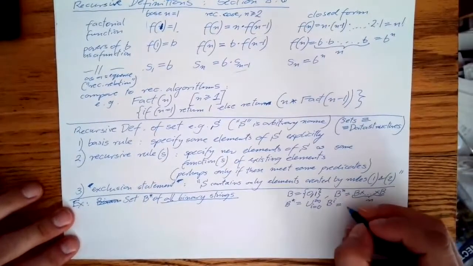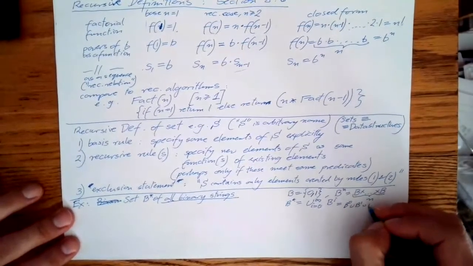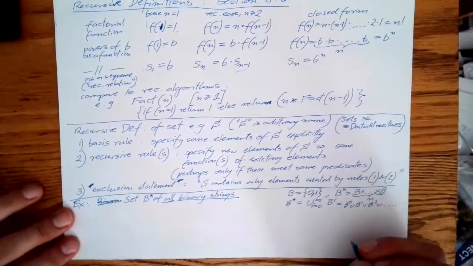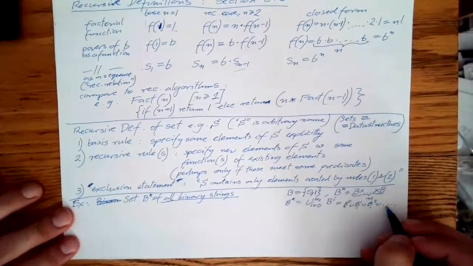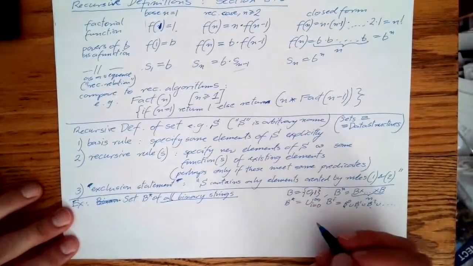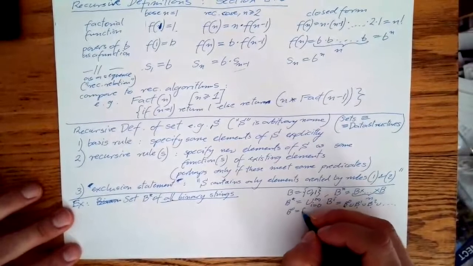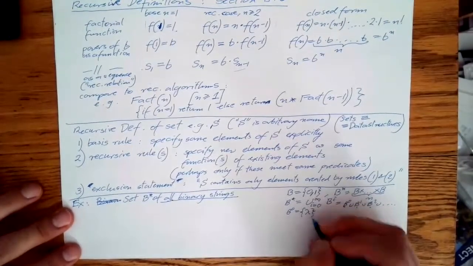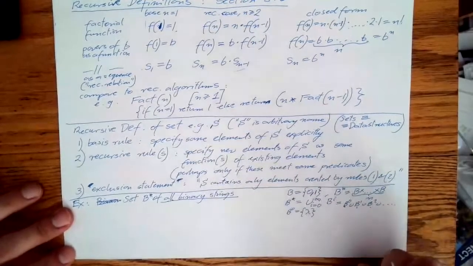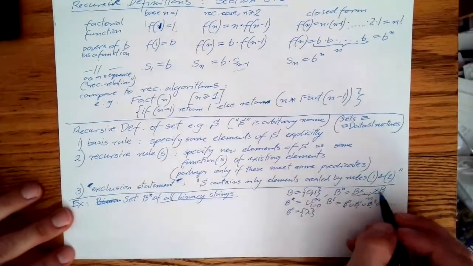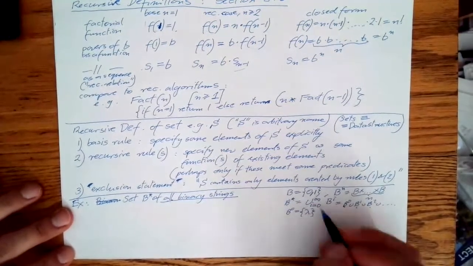In other words, it's B0, B1, B2, and so on. These are 0-bit strings, 1-bit strings, 2-bit strings, and so forth, right? So B star contains all bit strings. B to the 0 is a set that contains only an empty string. Okay, so these were the non-recursive definitions of bit strings using Cartesian products and union notation.